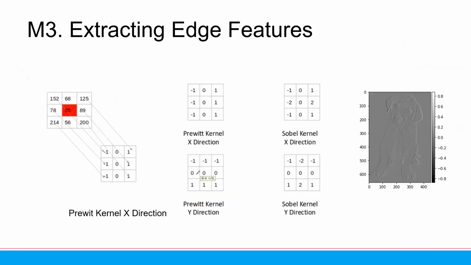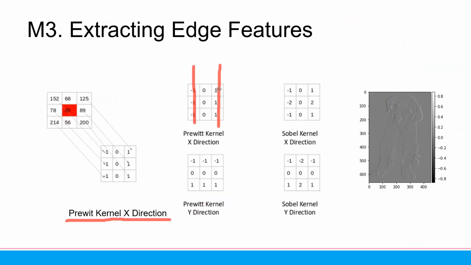So I would like to introduce the Prewitt kernel. The name is Prewitt kernel X direction. If it is the X direction, we have the right and the left.